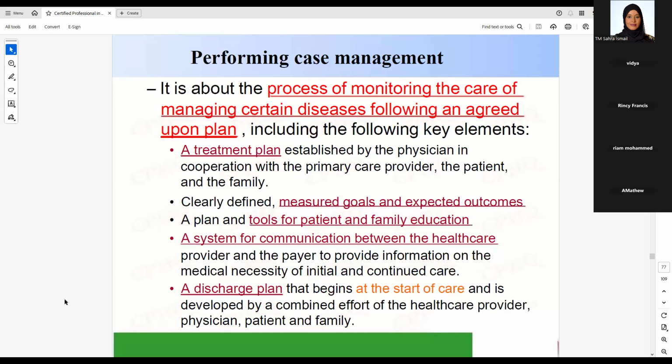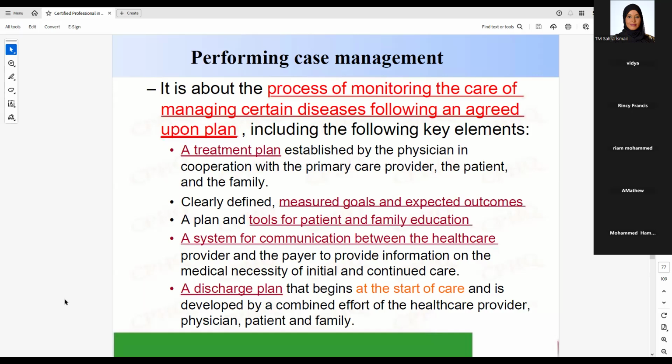Here it is talking about case management. It's about the process of monitoring the care of managing certain diseases following an agreed upon treatment plan. The treatment plan is usually established by the physician in cooperation with the primary care provider, patient, and family. It has clearly defined and measured goals and expected outcomes.